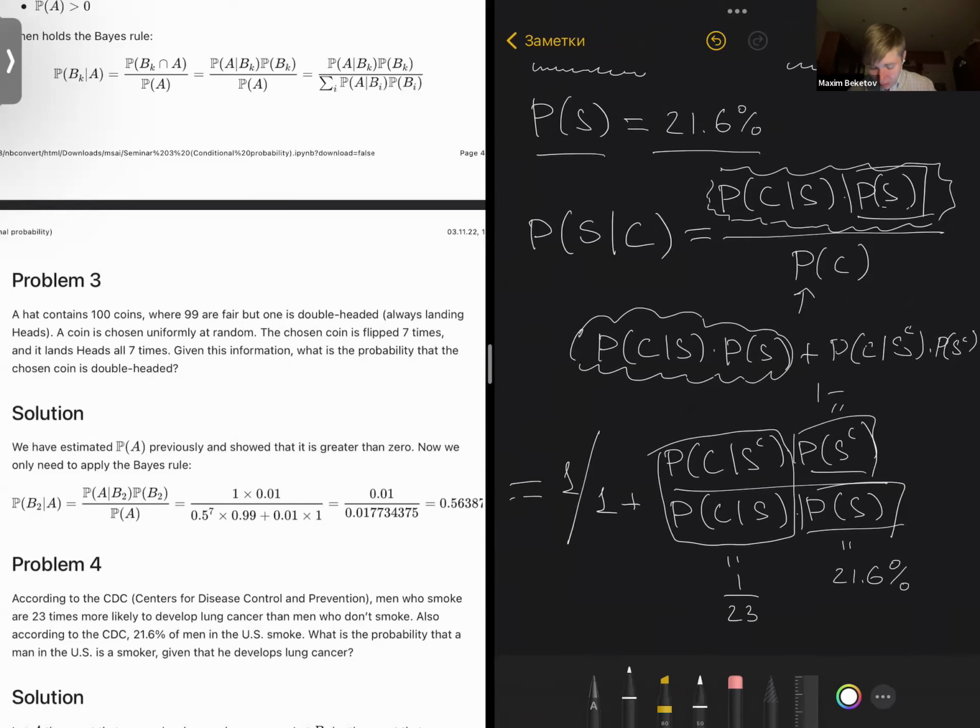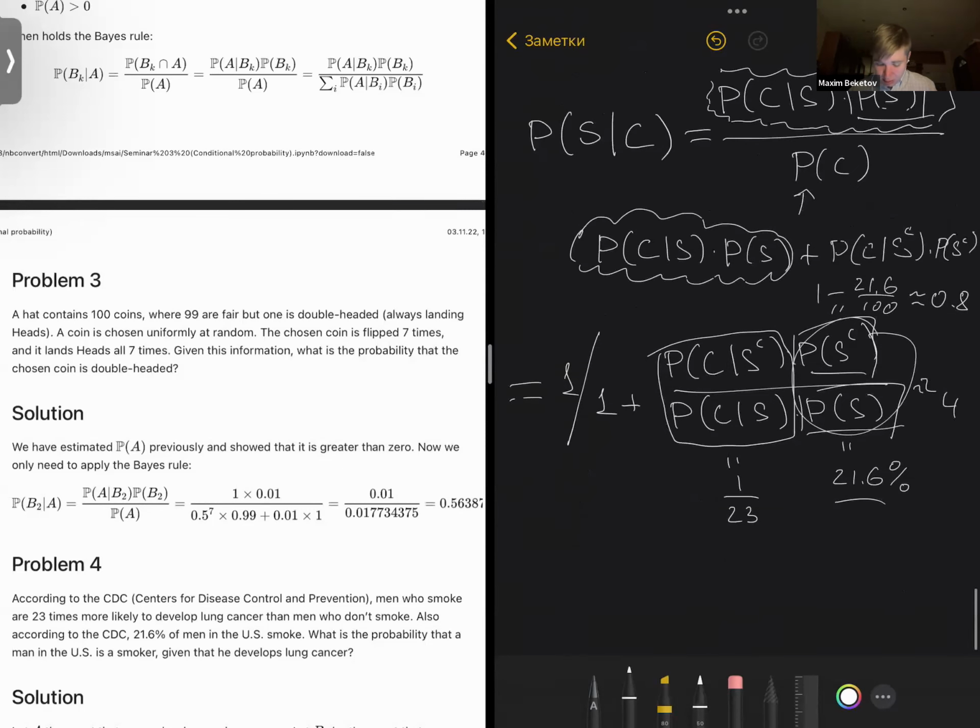So 1 minus 21.6 over 100. Okay, so it's approximately 0.8. And that is approximately 4 times larger than that. So this thing is approximately 4, right? So there we have 20. So approximately that whole thing is 4 over 20. It's closer to 24 than to 20, right?